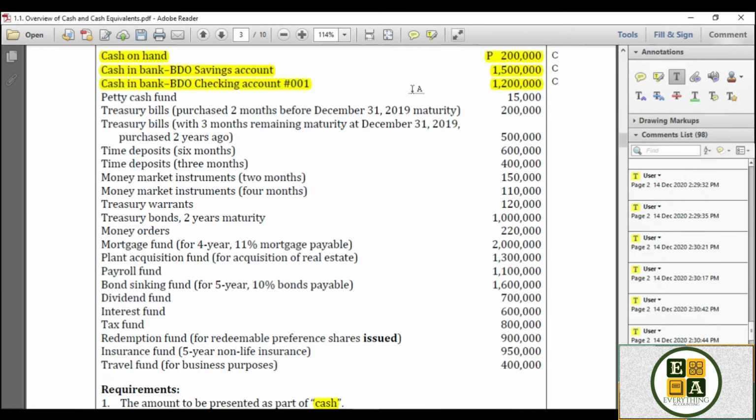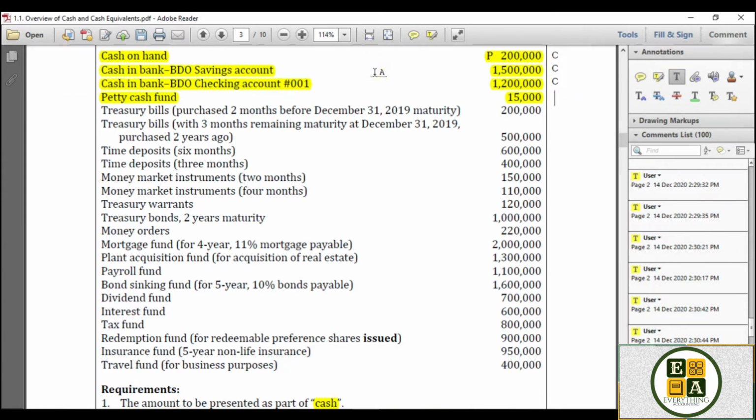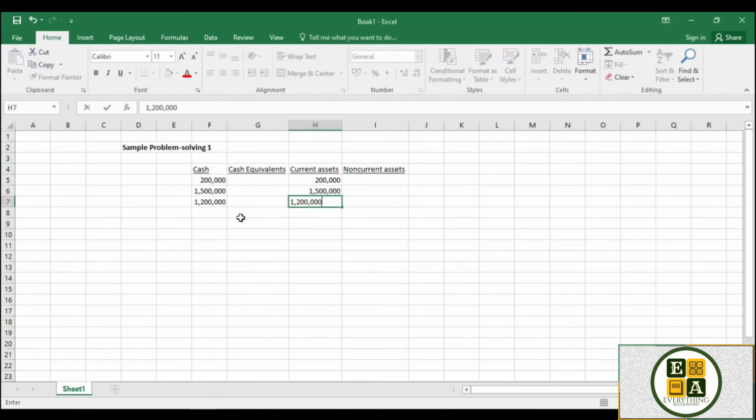Okay? Then next we have petty cash fund. Petty cash fund, sabi ko kanina, this is a fund set aside for small expenses. Okay? So part din yan ng cash. So 15,000 papasok siya as cash. Papasok din siya as current assets.